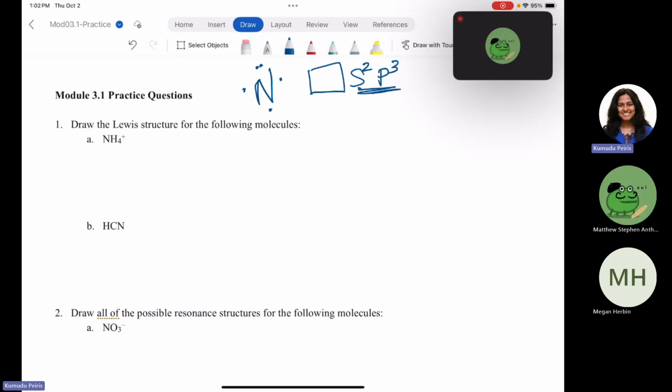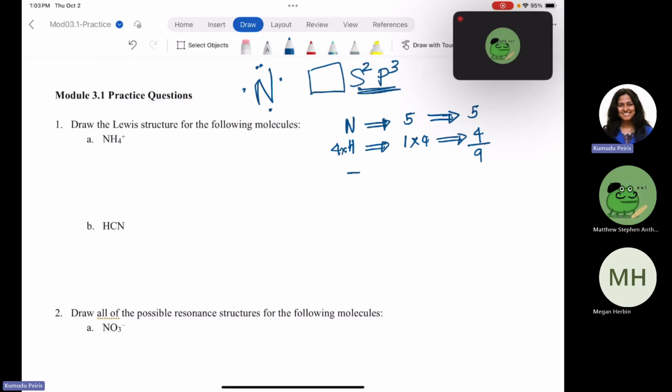For NH4 plus, how many valence electrons from nitrogen? There are 5 valence electrons. Hydrogen brings just 1 electron. We have only one nitrogen, so it contributes 5, and hydrogen gives one, but there are 4 hydrogens, so I multiply that by 4. Then it brings 4, and altogether I have 9.